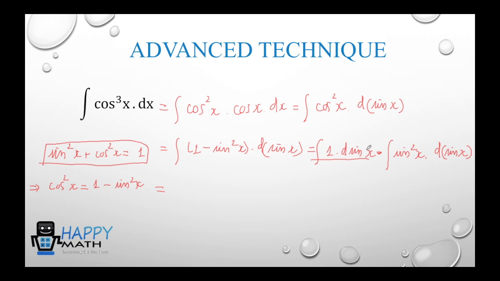This is 1 times dx, so it doesn't change this integration. So the result of the first integration is sine x. And this is the power rule integration: sine cubed x divided by 3. And after that, you plus a constant at the end of the operation.